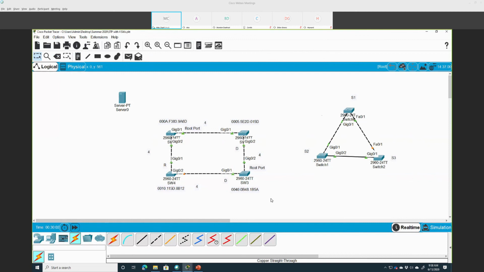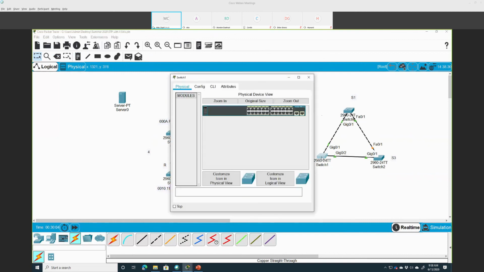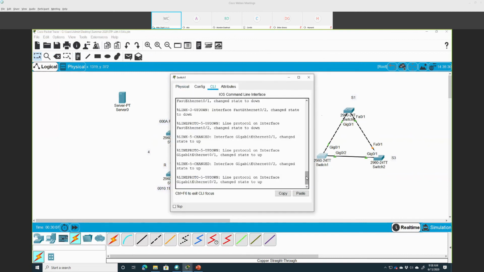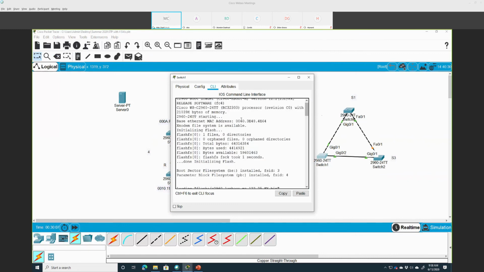Let's go to each switch and copy the MAC address so we know exactly what we're talking about. So this is the MAC address for the switch. If you do right here, you right click on it, you copy it.